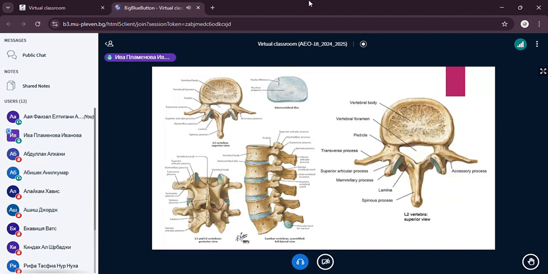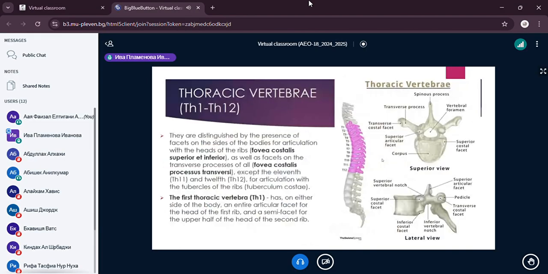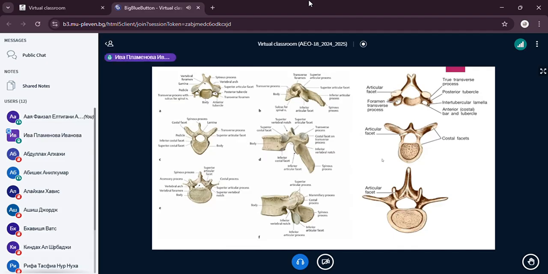I want to find costiform, spinous... Costal process, yeah, here we can see the costal process.